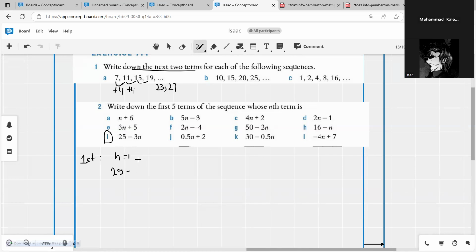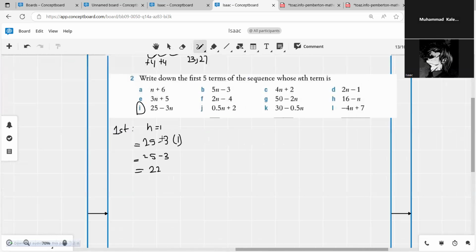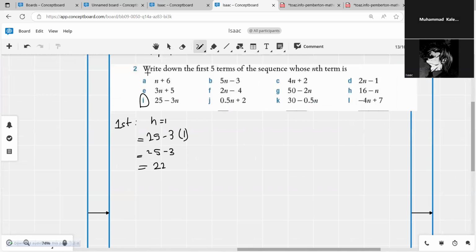So you calculate this one. You don't understand? Okay, then let me explain. You just have to calculate the first 5 terms. Write down the first 5 terms of this sequence whose nth term is given.